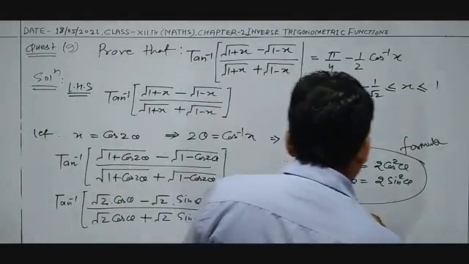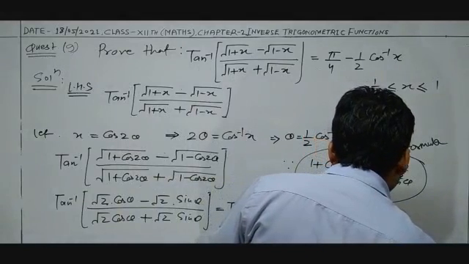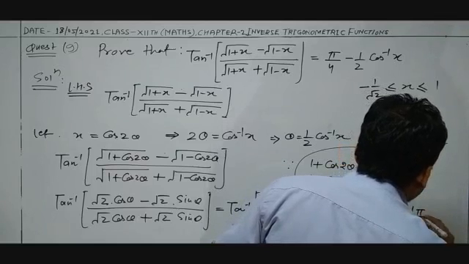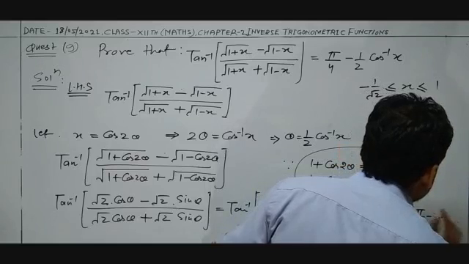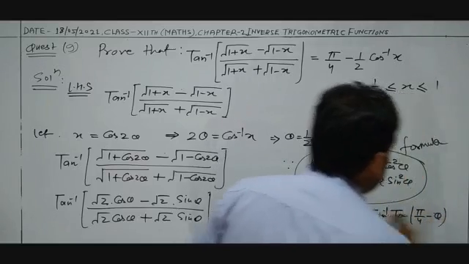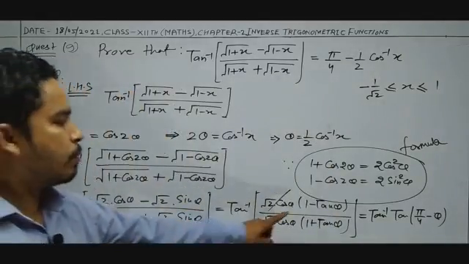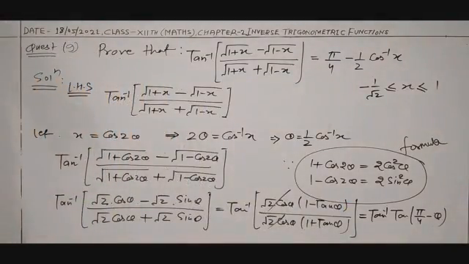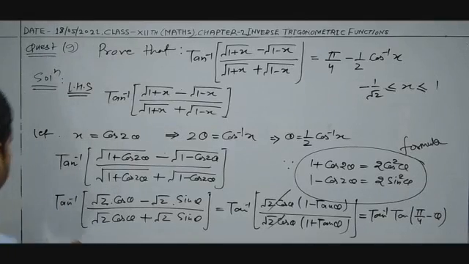This is the formula of tan inverse tan of pi by 4 minus theta. This is the formula of tan of a minus b: tan a minus tan b whole upon 1 plus tan a into tan b, and with this you get tan of pi by 4 minus theta. Now the result is pi by 4 minus theta.